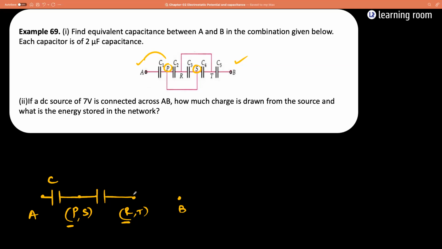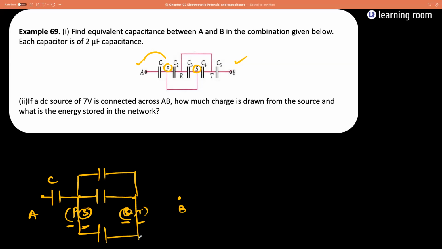Similarly, from R to S, there is another capacitor going. Similarly, from S to T also, there is another capacitor going. Are you able to understand this point? This is a crucial step. Yes or no? Yes, sir.